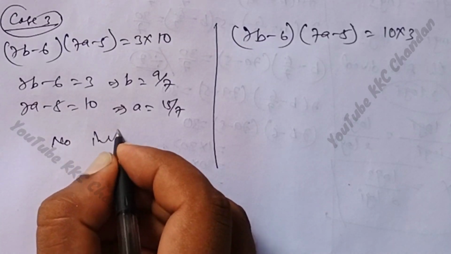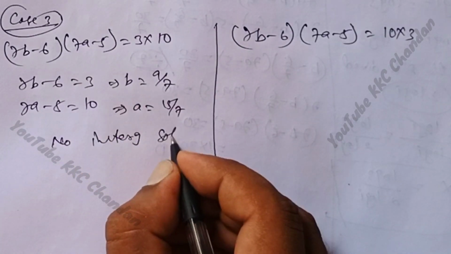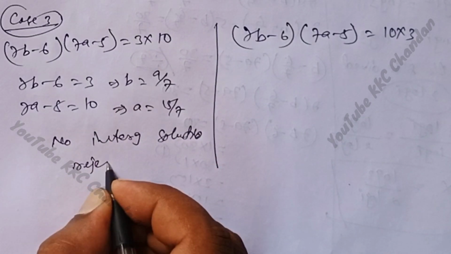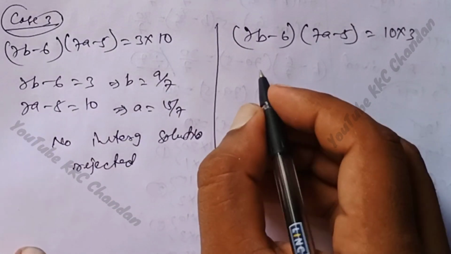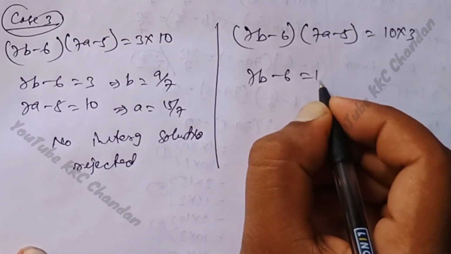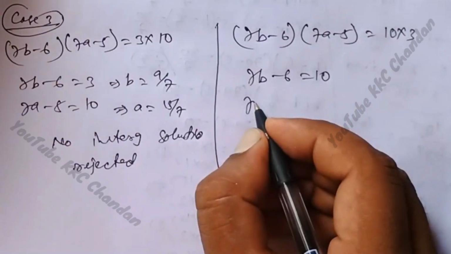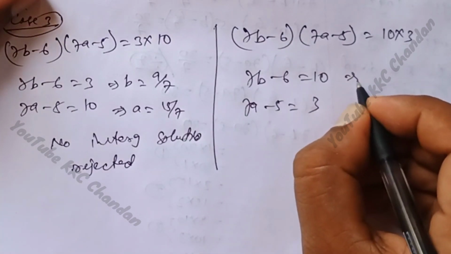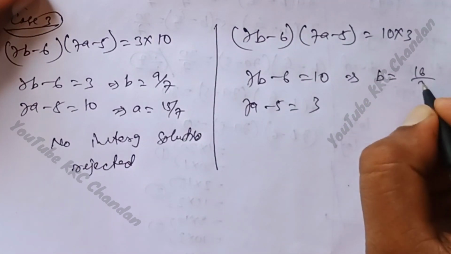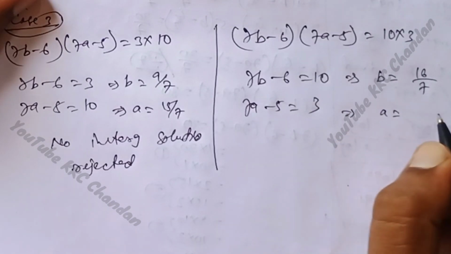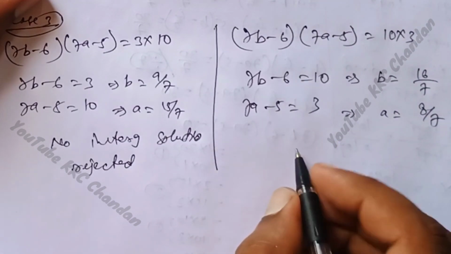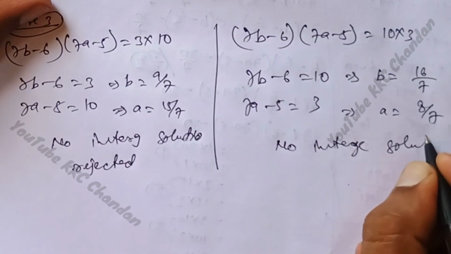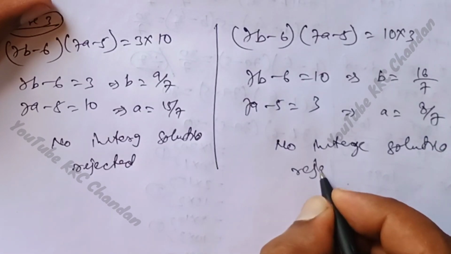No integer solution, so they will be rejected. Then 7b minus 6 is equal to 10 and 7a minus 5 is equal to 3. Here b value is equal to 16 divided by 7 and a value is equal to 8 divided by 7. So no integer solution. They will be rejected.